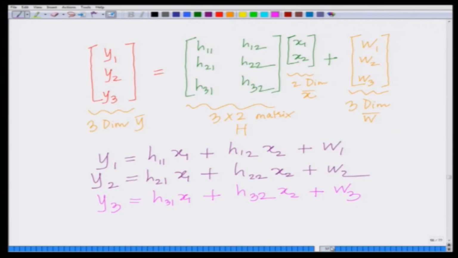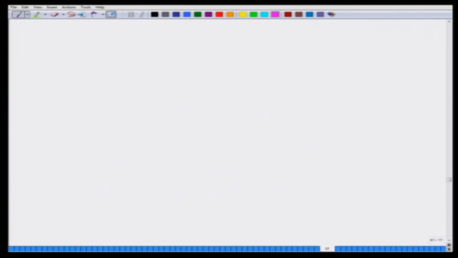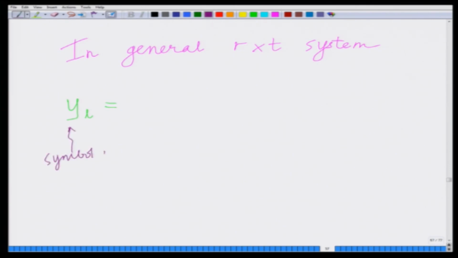In general, when we have an R cross T MIMO system, for a general R cross T MIMO system, I can write the symbol yl, where yl is the symbol received on the lth receive antenna.